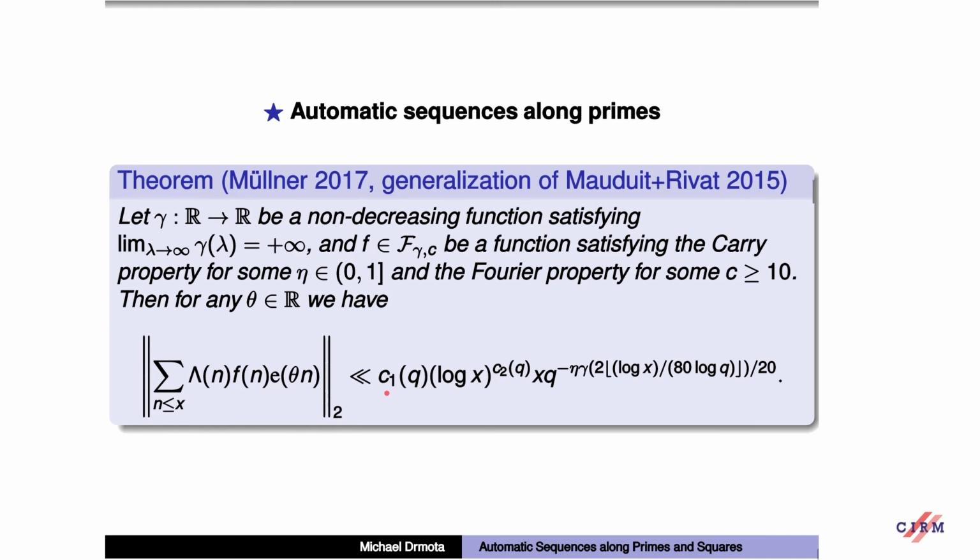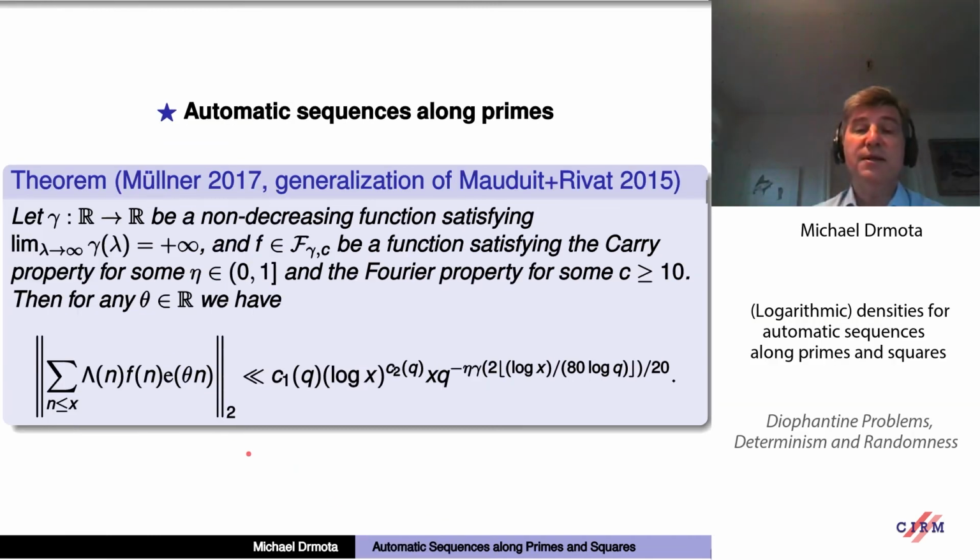So this is a statement that the function f mixes with lambda, so that we have a saving for these exponential sums, or in other terms, we can say something on the distribution of f of n on primes. This result goes back to Mauduit and Rivat and has been generalized by Müller to the case where f is not real valued or complex valued, but has unitary matrices as values.